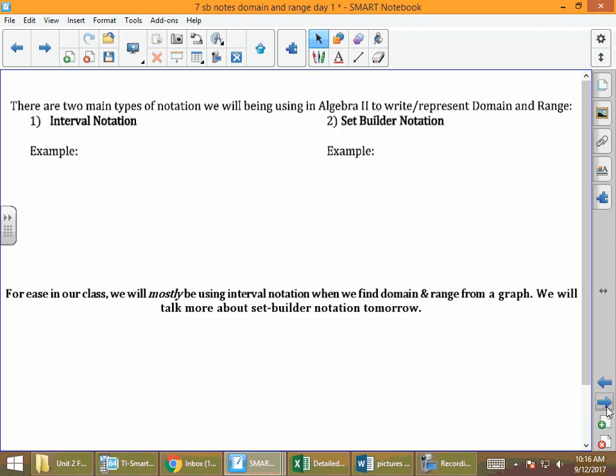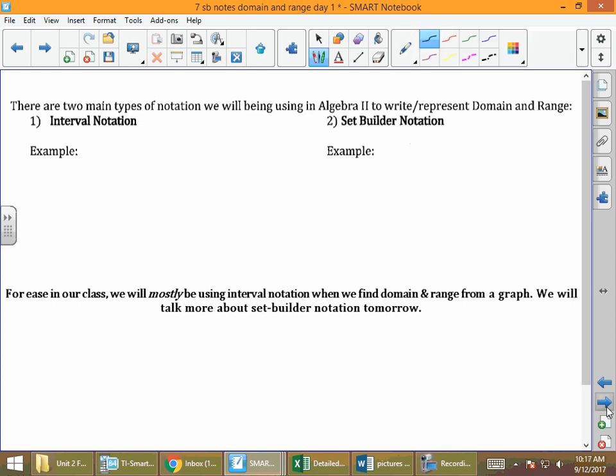A couple other things here. Yesterday we talked specifically about interval notation, and I also want to introduce you to set builder notation. We're going to use it a little bit, but mostly when we're working with graphs, we use interval notation.